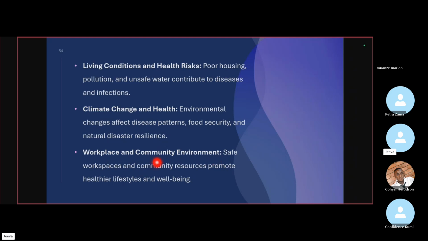Whereas those who work in a safe workplace, like lecturers in a college, can promote a healthier lifestyle and well-being. So that is how conditions can affect the health of a community. Is that clear? Yes, ma'am, it's clear.